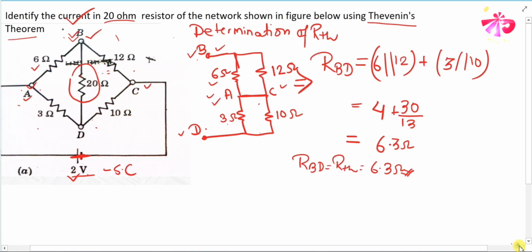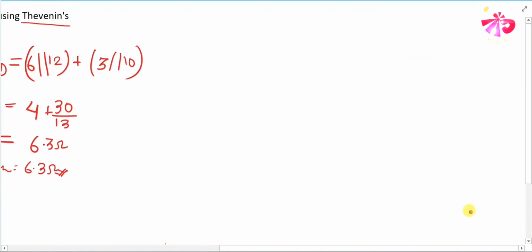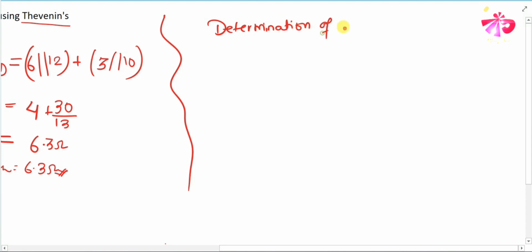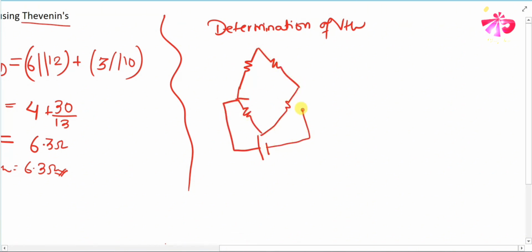Now let's identify VTH. In order to identify VTH, remove the load resistor. Now let's remove the load resistor and draw the circuit. That's how our circuit will look, and this terminal is open.